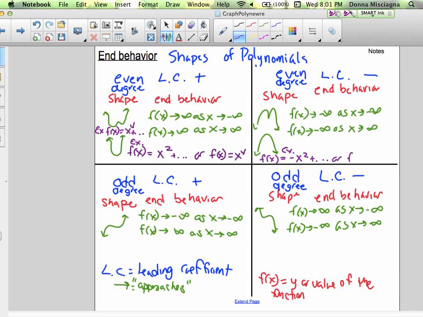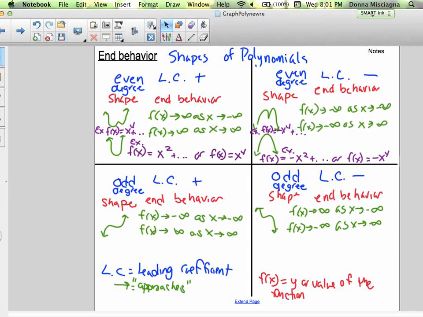Or f of x equals negative x to the fourth. If you add much else with it, it's not going to have a parabola shape, it's going to have a W shape. So an example of a graph that would have this shape would be, for instance, f of x equals negative x to the fourth plus stuff. And the more stuff, the more it starts to look like a W.